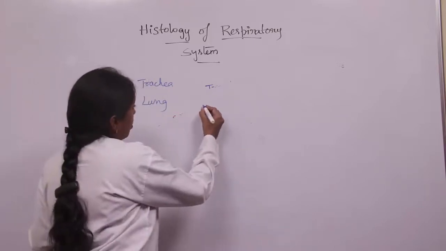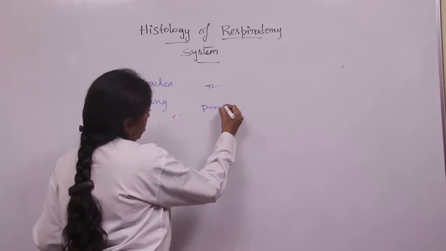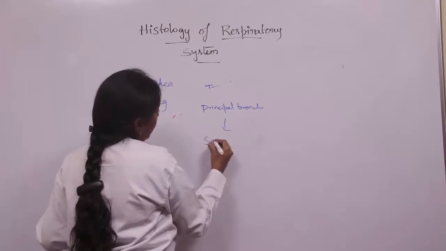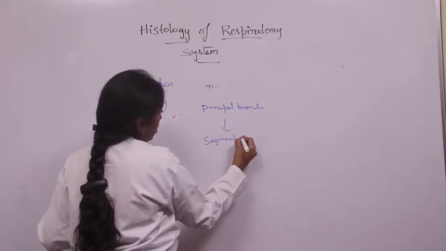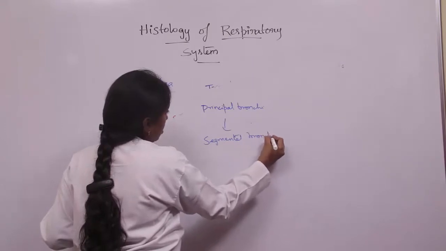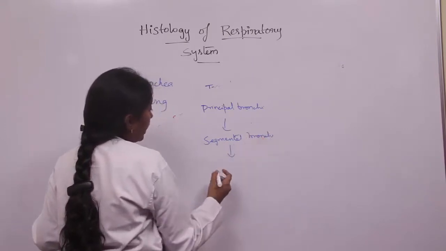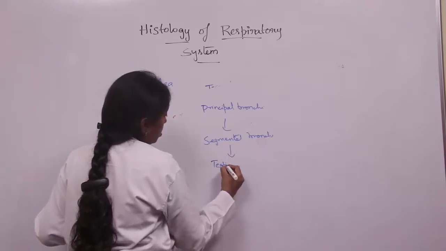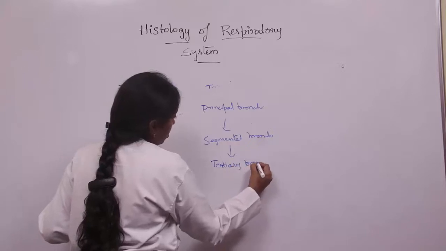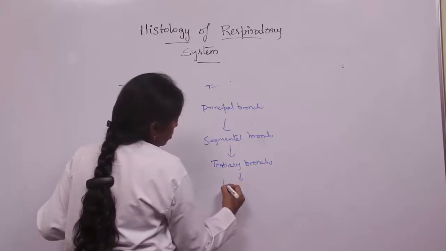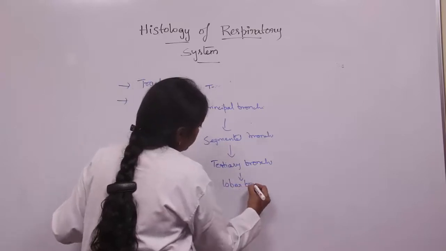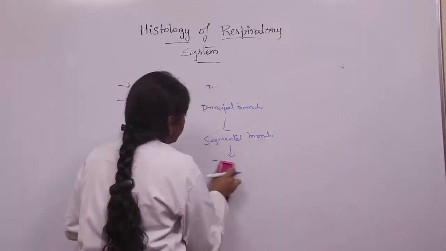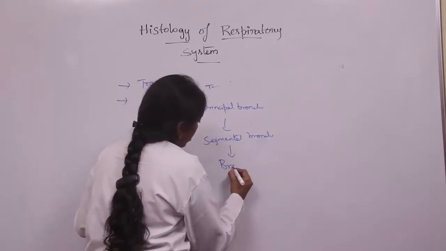So the principal bronchi divide into segmental bronchi, segmental bronchi again divide into tertiary bronchi, again divide into bronchioles.